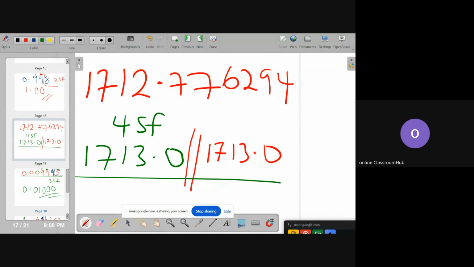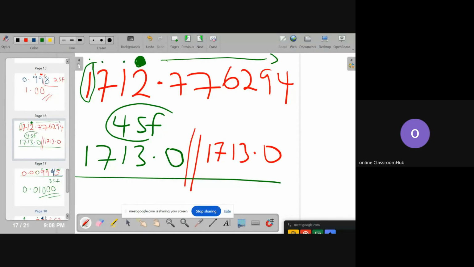That is great. So our first SF is what? 1. This is our first SF. And once you are able to locate your first SF, any number that follows it is also significant. So 1 is our first SF, 7 is our second SF, this one is our third SF, these 2 here is our fourth SF. You are looking for 4 SF. So the bus stop is these 2. Then we throw away the rest.